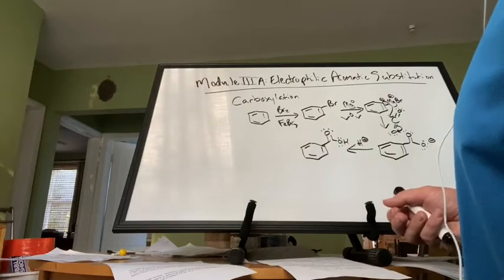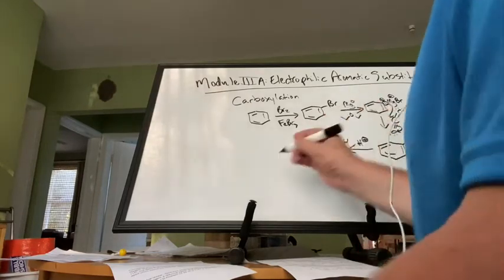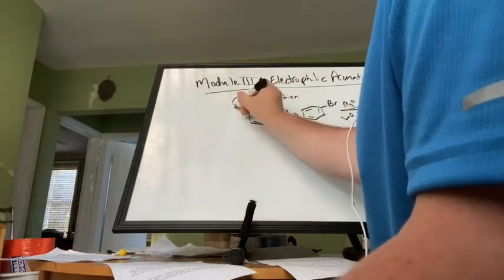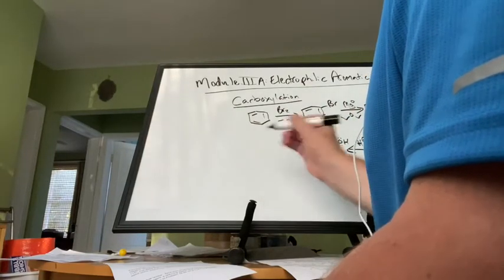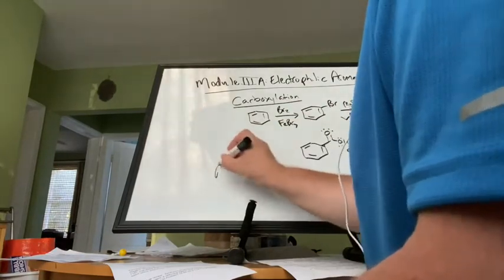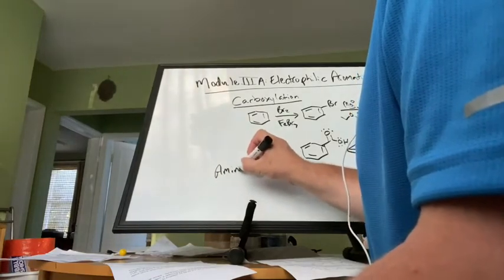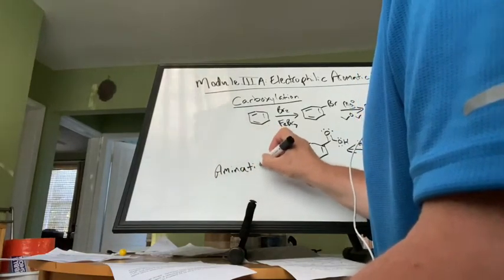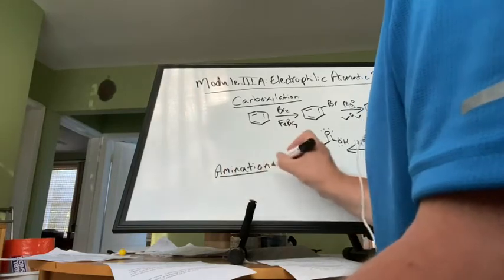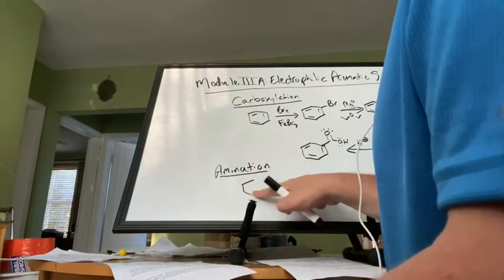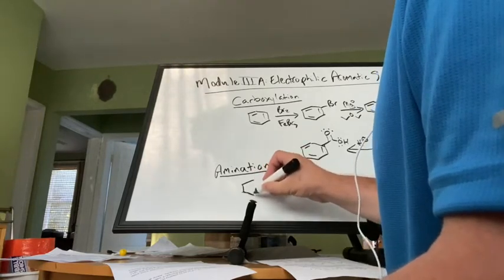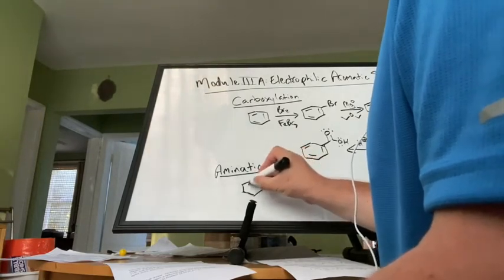Amination, not animation, is simply nitration followed by a reduction step. So amination, so forming an amine about an aromatic ring.